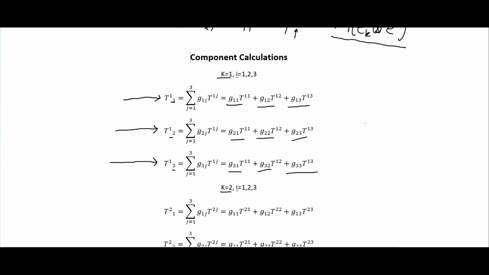and so that's why people just prefer to use T^k_l equals g_{ij} T^{kj}, or actually that should be the other way around, shouldn't it? Sorry, it should be T^k_i equals g_{ij} T^{kj}.